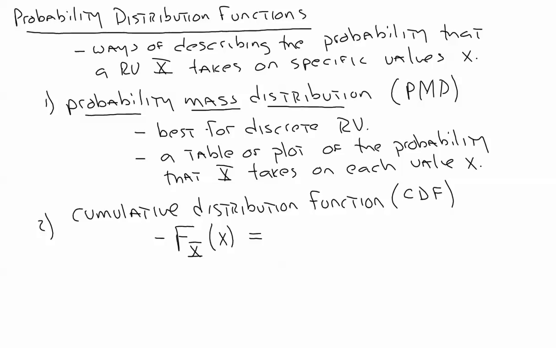This is the probability that my random variable is less than or equal to some real number value. Okay? Especially in the case of discrete random variables, this less than or equal sign is going to be very important. We can be a little bit sloppy when we start talking about continuous random variables, but for discrete random variables, that less than or equal sign is going to be very, very, very important.